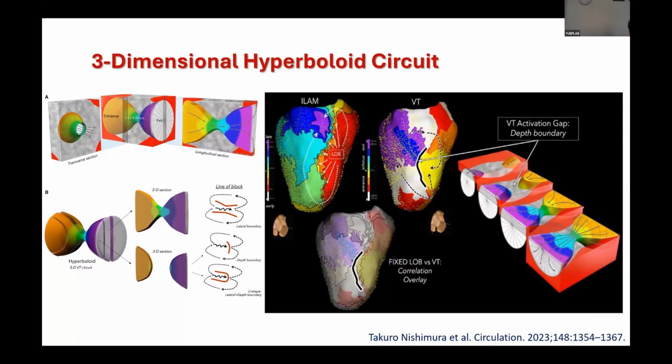So therefore, when we go back to understanding the VT circuit, it's like a hyperbolic shape of your VT circuit. We can always understand only part of the circuit. But if this shape is slightly tilted or totally embedded inside the myocardium, you will not appreciate that.